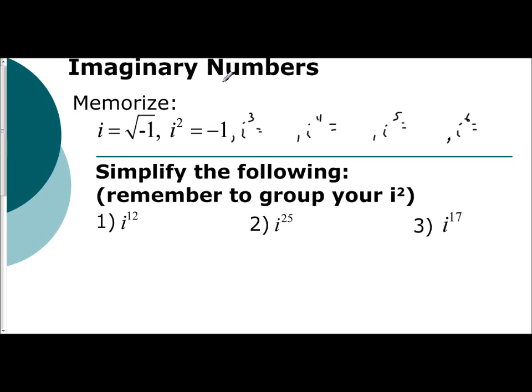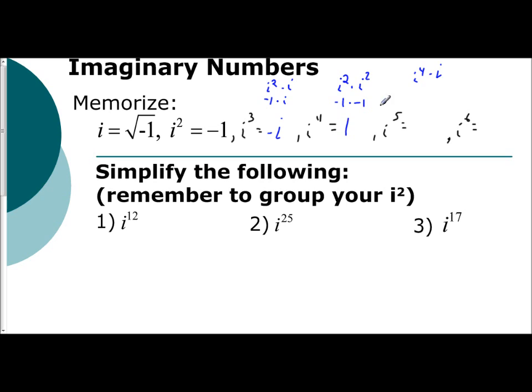So if we look at i cubed, it's really i squared times i. And i squared is negative 1, and I will leave the other one alone as i. So negative 1 times i is negative i. i to the fourth is really i squared times i squared, which is negative 1 times negative 1, which is positive 1. i to the fifth is going to be i to the fourth times i.